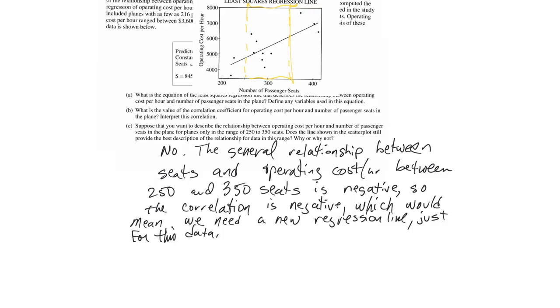If we're just looking at this data, it's clear we would have a negative relationship like this, and that's why this set of data is separate from the original regression line. If you look at the scoring guidelines, you can see how it's scored, but that's up to you if you'd like to do that.